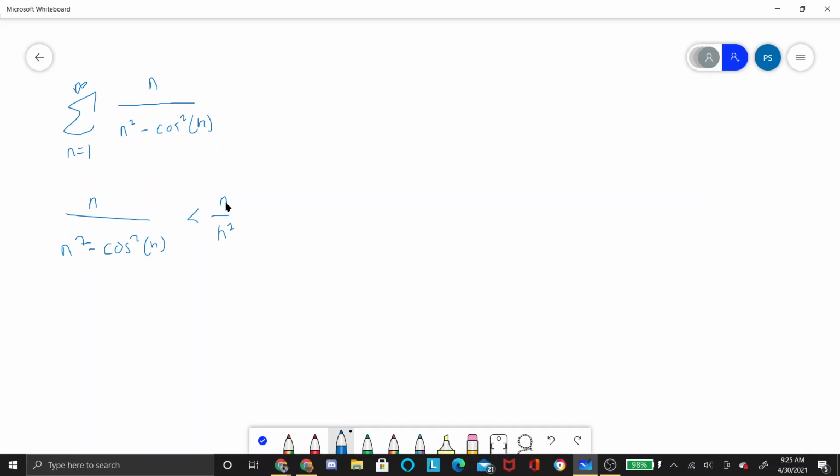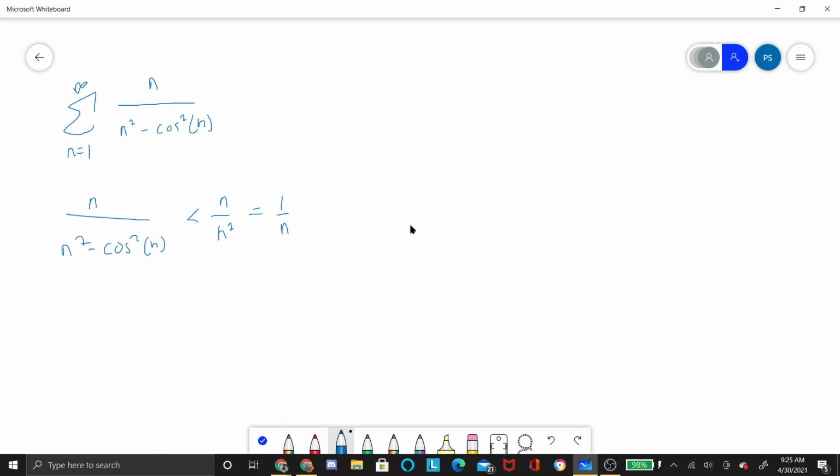So it would still be less than what we have here, which is n over n squared, because the denominator here is actually less than n squared. So we now have this relationship, but this is actually equal to 1 over n.